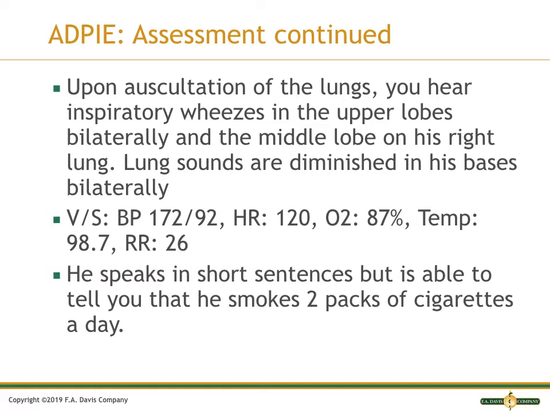So upon auscultation of the lungs, you hear inspiratory wheezes in the upper lobes bilaterally and the middle lobe on his right lung. Lung sounds are diminished in his bases bilaterally. Vital signs, I'll let you read those. And he speaks in short sentences, but is able to tell you that he smokes 2 packs of cigarettes a day.